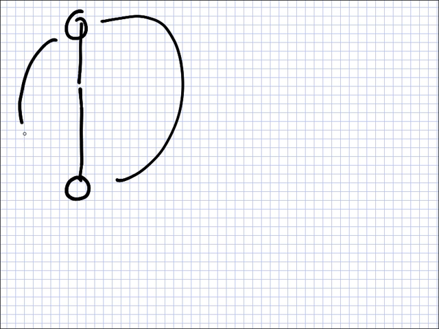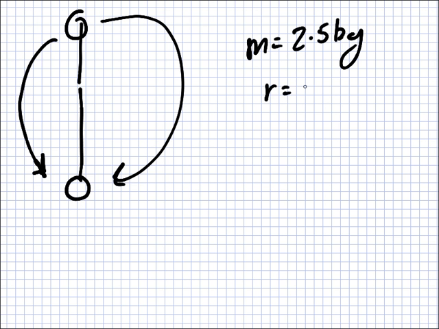An object of mass 2.5 is attached to the end of a string and rotated in a circle of radius half a meter in a vertical plane. So it's being swung around like this. It's 2.5 kilograms, the radius is 0.5 and the speed is 4 meters per second. And the question is, what is the max and the min tension?